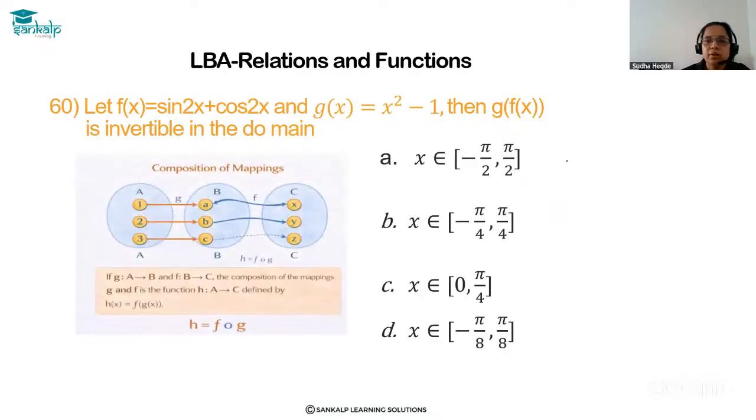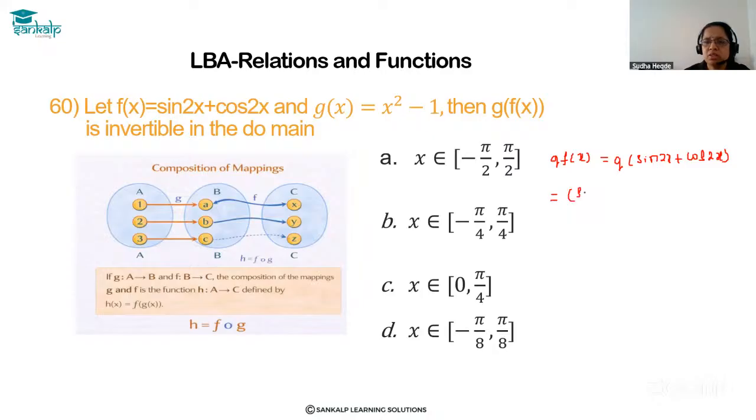Okay, so to find that one, first let us find g composition f of x. Okay, that is equal to g of, what is f of x? Sine 2x plus cos 2x. Okay, so now what is g of x? It is x square minus 1. Substitute sine 2x plus cos 2x in place of x.